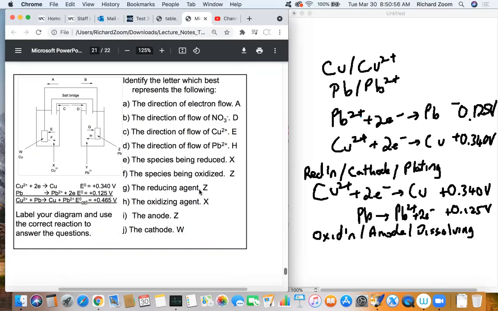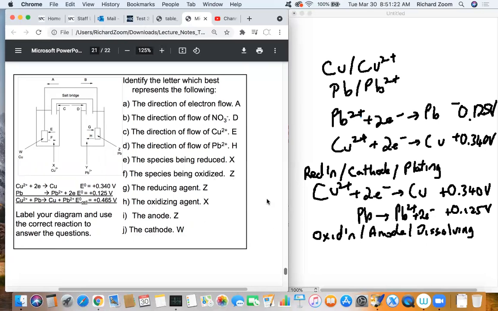I mean, it doesn't cause itself to be reduced. Something is actually causing it to be reduced. So what is causing it to be reduced? Well, the reduction is occurring because the copper 2 plus is accepting electrons. Where are those electrons coming from? Well, they're coming from the lead. So the Pb is actually the reducing agent.